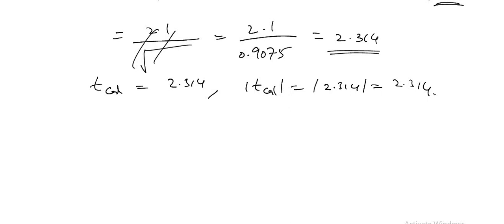So the modulus of the t calculated value is this one. Now we need to look at the table. At what degrees of freedom do we need to look?